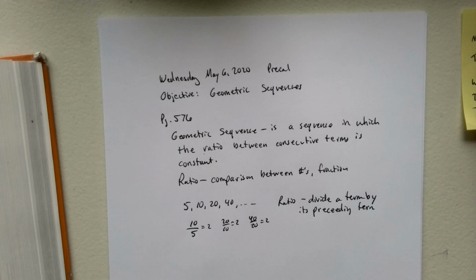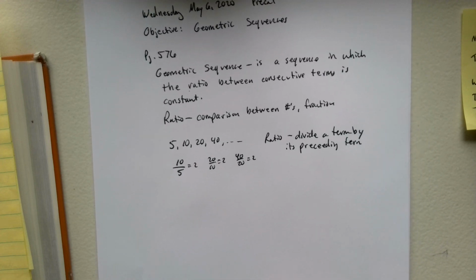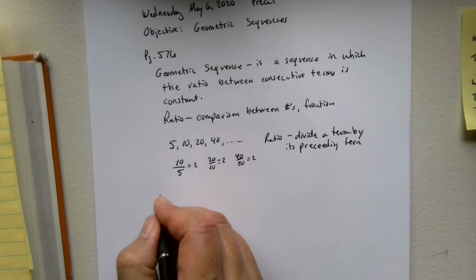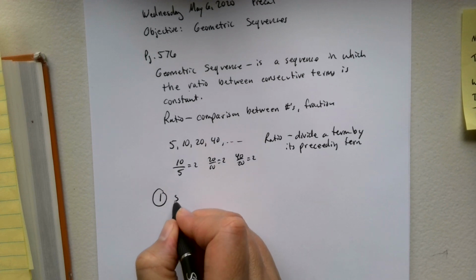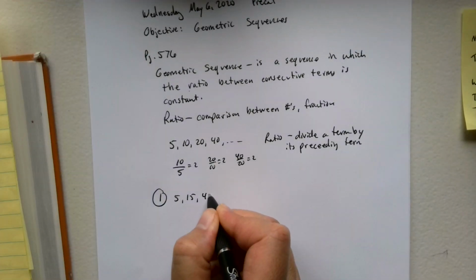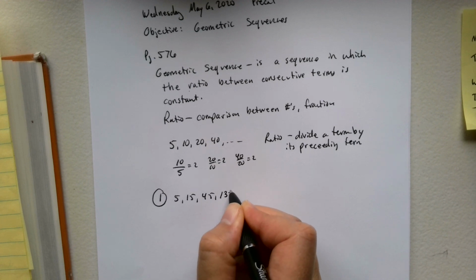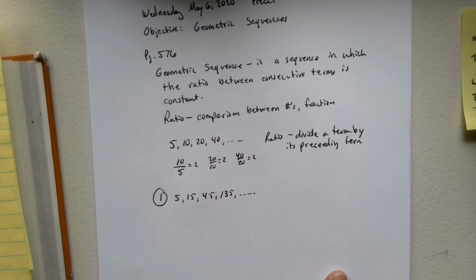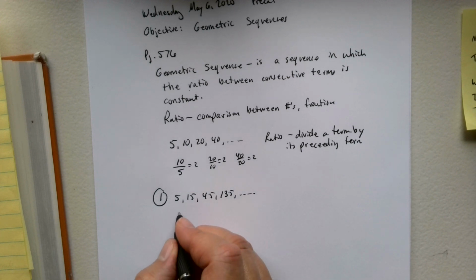So if you turn to page 582 and we look at the section 1 through 10, determine whether or not the sequence is geometric. If it is, find the common ratio. So if we look at number 1, we have 5, 15, 45, 135, and so forth. And they want us to determine if it is geometric.